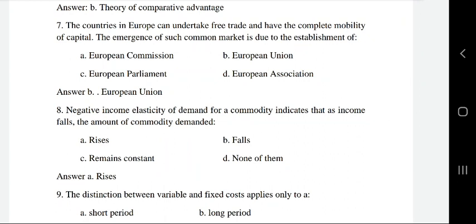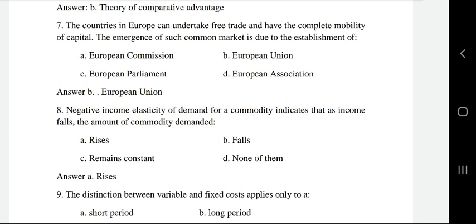Question number 8. Negative income elasticity of demand for a commodity indicates that as income falls, the amount of commodity demanded?